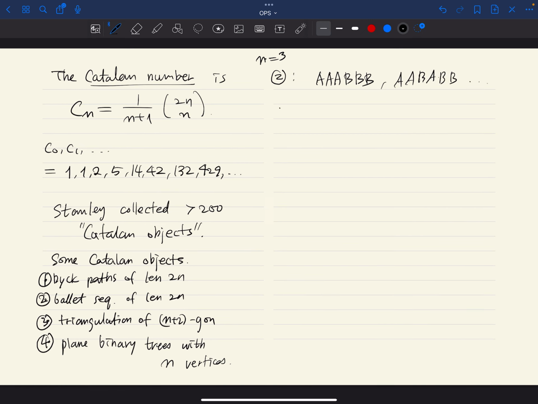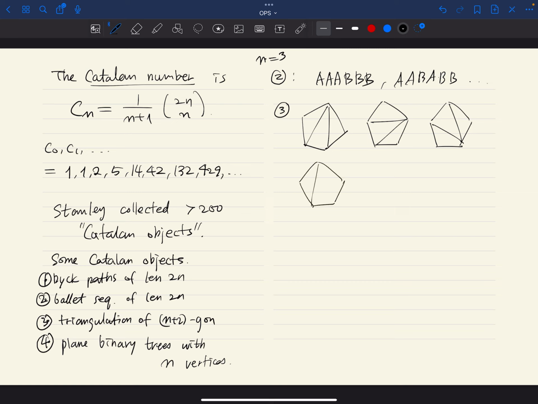And third, triangulation. This is a nice diagram. So n equals 3 is going to be a pentagon. There are 5 ways to triangulate a pentagon, like this. And plane binary tree means we also have to look at the left.